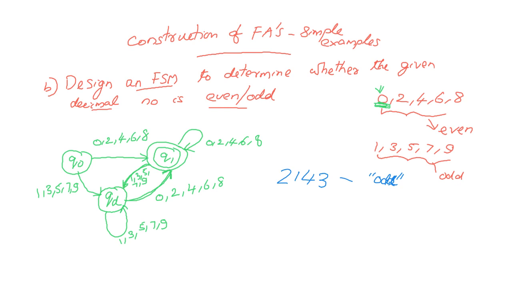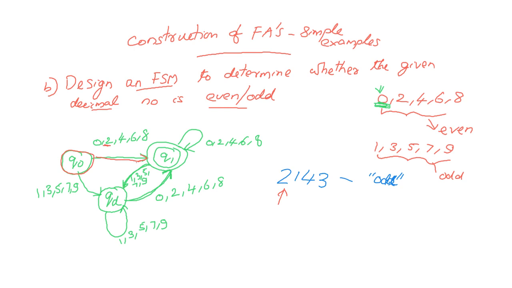Let's look at how this is happening. We are initially at the starting state, that is, we are here initially in Q0, and from there we are getting a 2. Since the transition of 2 is defined here, we will move to Q1 like this.